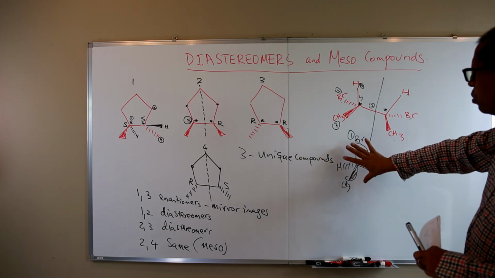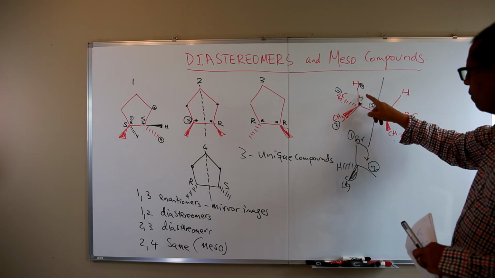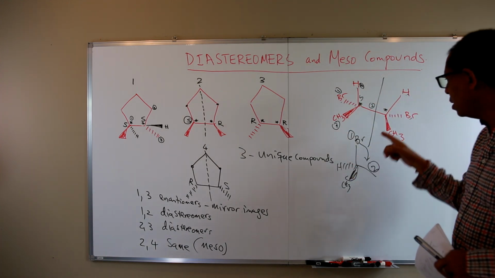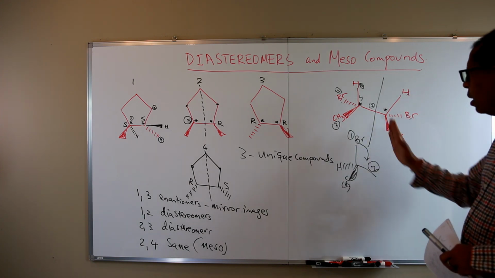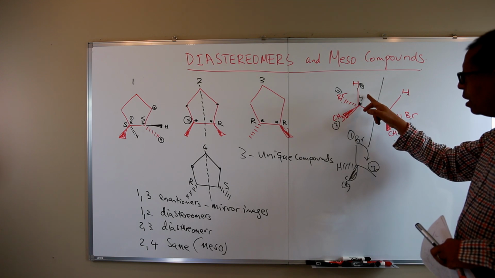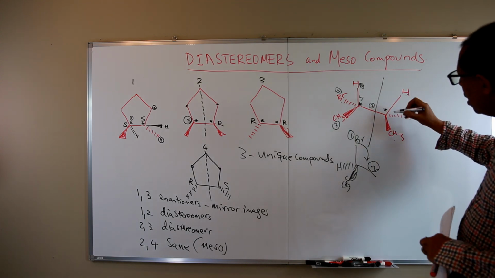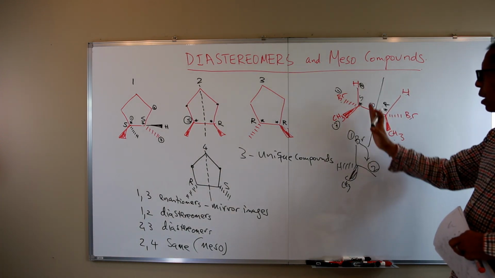So remember how to do this mental exercise. So this is an S configuration. Since there is a plane of symmetry, automatically that chiral center, since every group is the same, since it's reflected to that, would come as R. Let's just check this. This should come as R because they are mirror images.